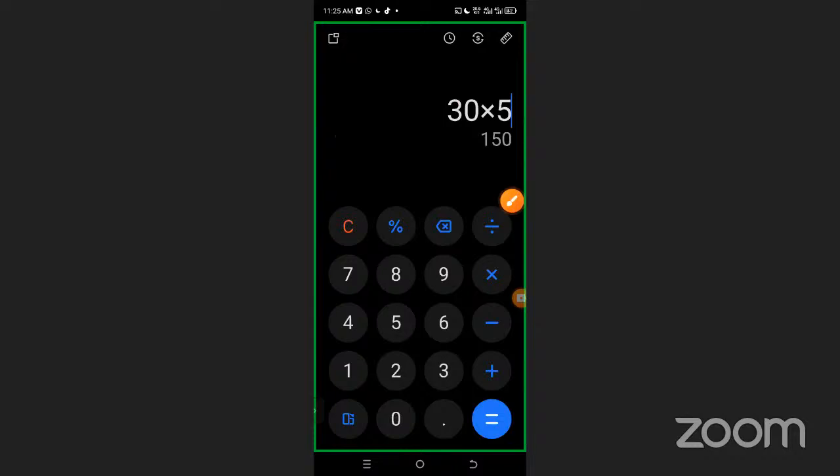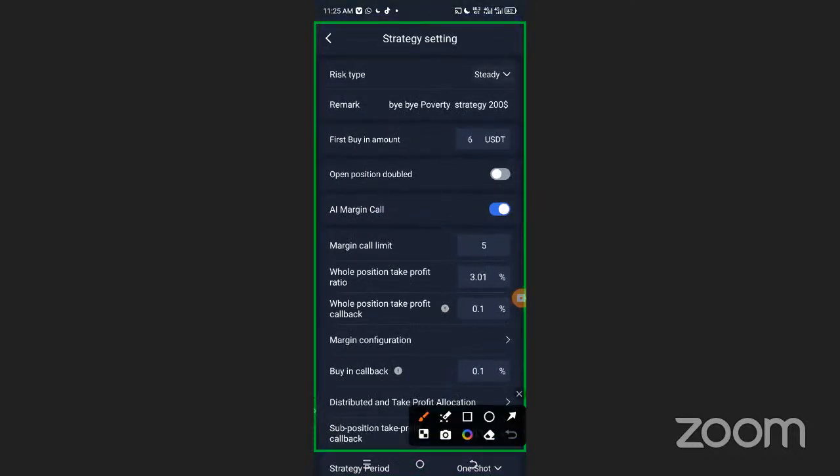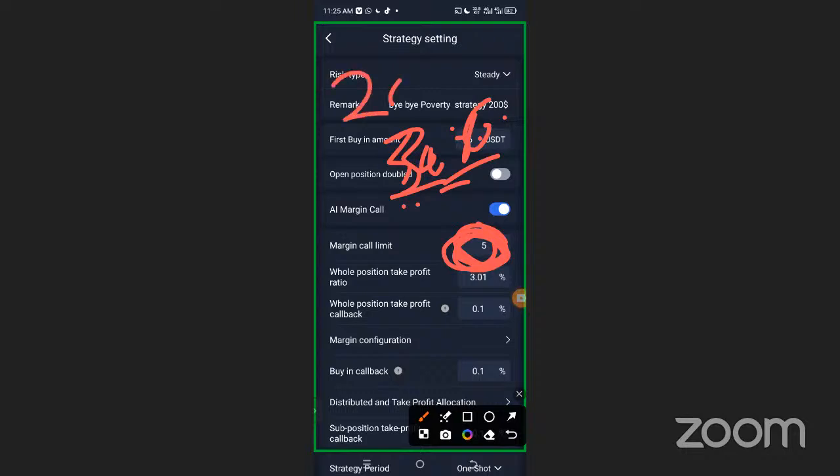Have you seen how I have calculated my capital? Do you see the reason why we change from 30 to 6? Have you seen the reason why we change the first buying amount, so that the robot can buy the 5 margin calls using the remaining balance? Remember, we have $200 as our trading capital, and $30 went in the coin at first.